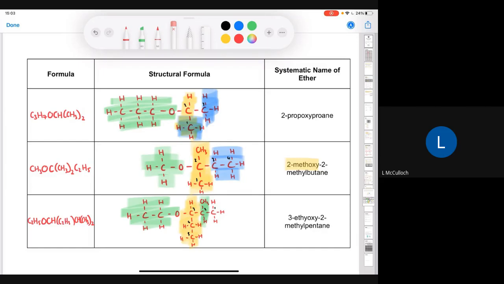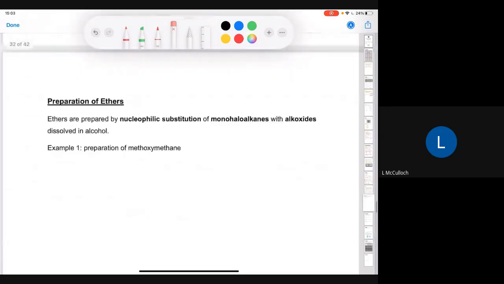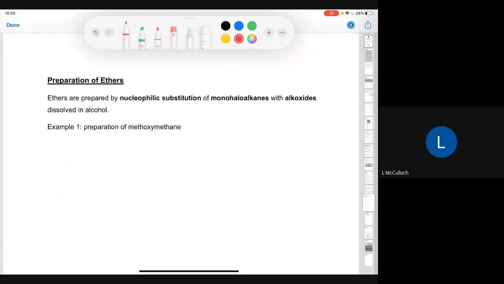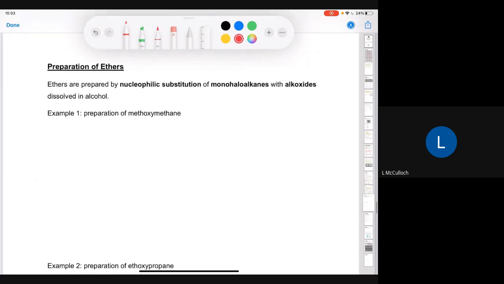And then we're going to move on to how we prepare ethers, which is just pure revision from nucleophilic substitution. Okay, so preparation of ethers. It says ethers are prepared by nucleophilic substitution of monohaloalkanes with alkoxides dissolved in alcohol. So for example 1, we've got the preparation of methoxymethane.